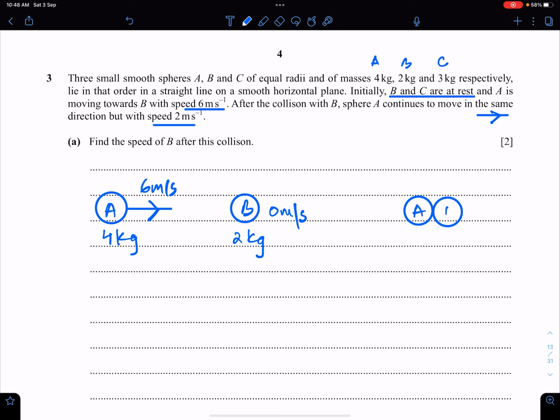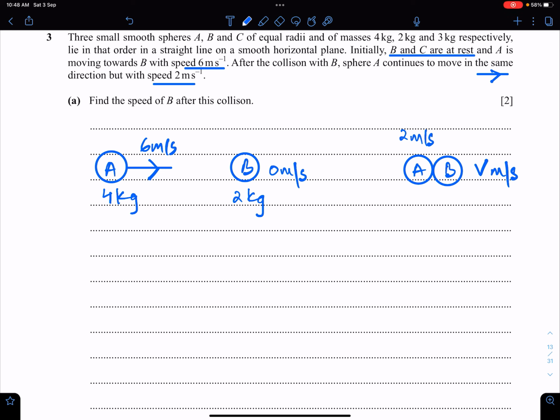So A, B, and the speed of A is 2 and the speed of B is V, and we need the speed of B after the collision. That is very simple. We can do this by using the law of conservation of momentum. According to the law of conservation of momentum, total initial momentum is equal to total final momentum.